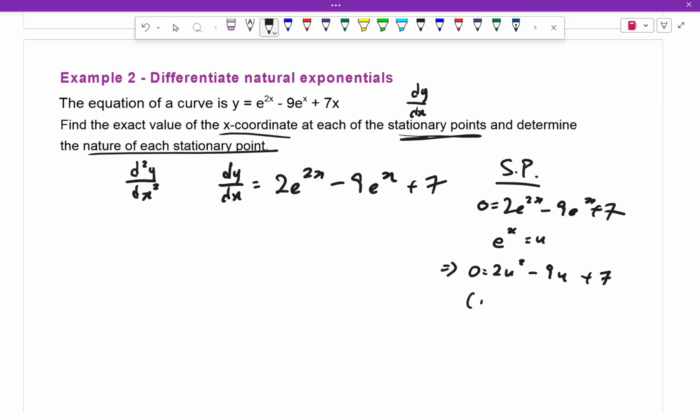So you can get u. After factorizing, it should be (2u minus 7)(u minus 1) equals 0. So u equals 7 over 2 or u equals 1, where u is the same as e^x.